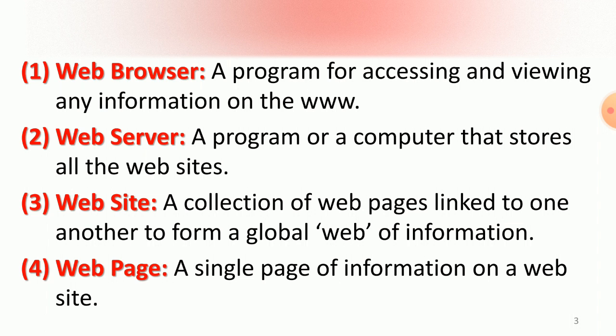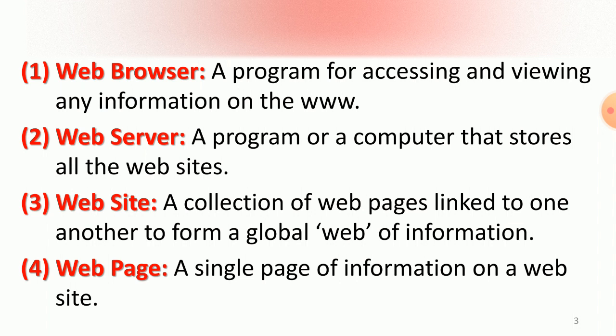It is also called a web client. Microsoft Internet Explorer, Netscape Navigator, Mozilla Firefox are some of the popular web browsers. Second, web server. What is a web server? A program or a computer that stores all the websites. That means a web server.